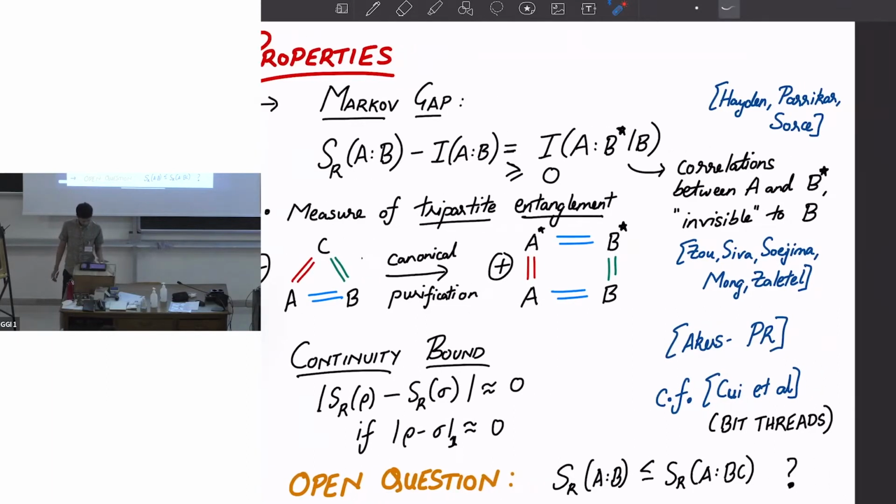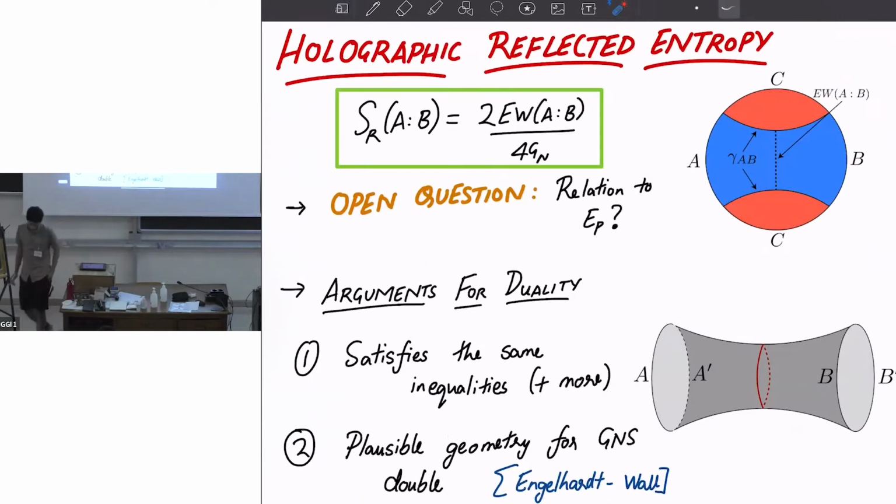All right. Okay, so what's the holographic proposal? The proposal is pretty simple. The reflected entropy is related to the entanglement wedge cross section. It's twice the entanglement wedge cross section in Planck units. And the picture you should have in mind is, let's say you have two of these regions, A and B, and they're in a connected entanglement wedge phase.